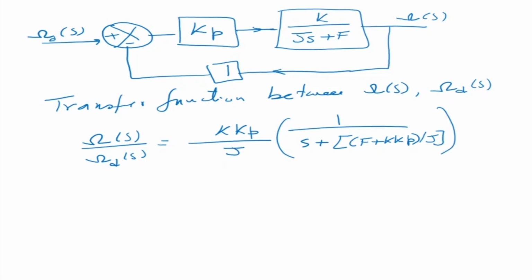So how do we find the transfer function in this particular case? We find the transfer function by multiplying these two blocks, first this block into this block, and then closing it.